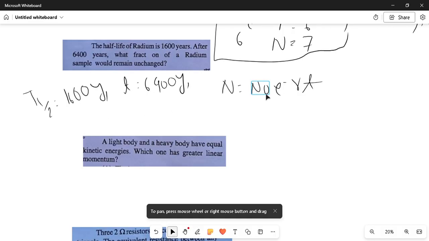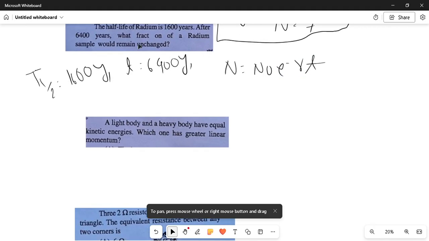N0 is the number of radium nuclei at t equal to 0, and N is the number remaining at time t. We have to find what fraction of the radium sample remains unchanged.